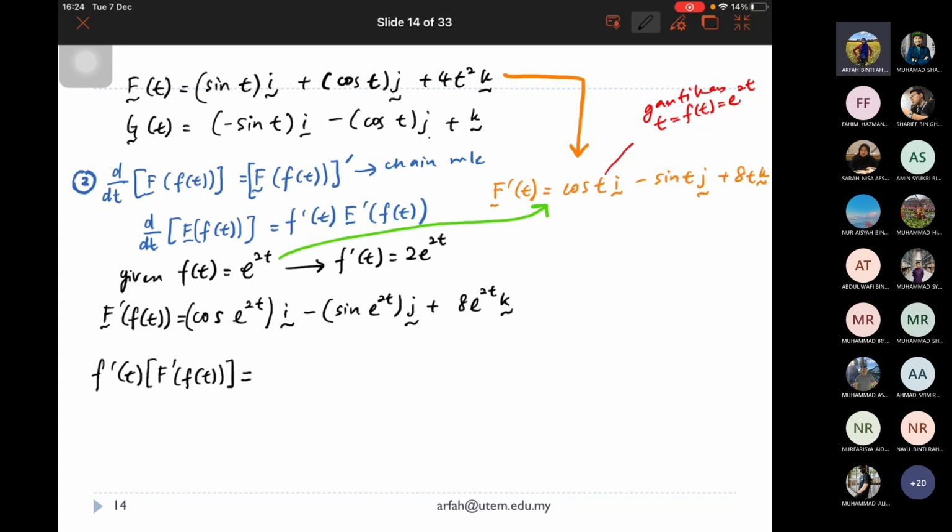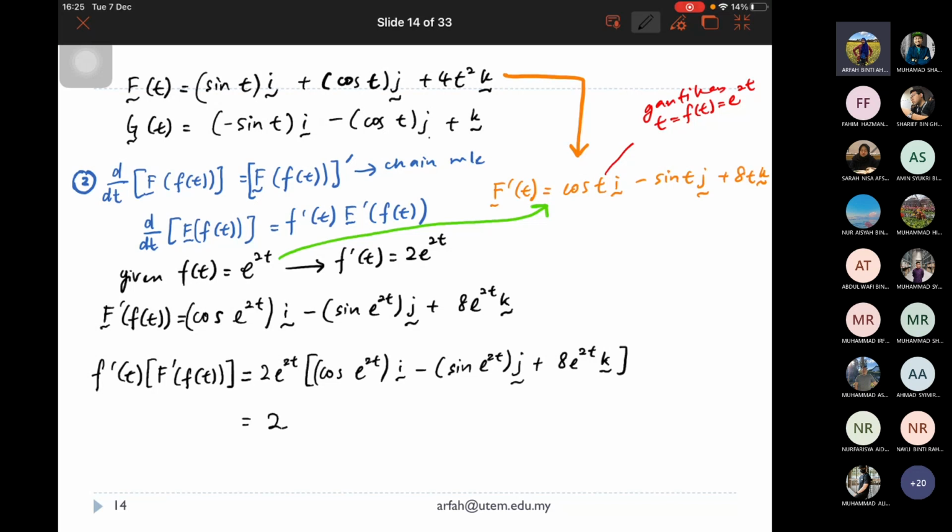Okey, F prime t awak sama dengan 2 eksponensial 2t darabkan dengan cos eksponensial 2t i tolak sin eksponensial 2t j tambah 8 eksponensial 2t k.